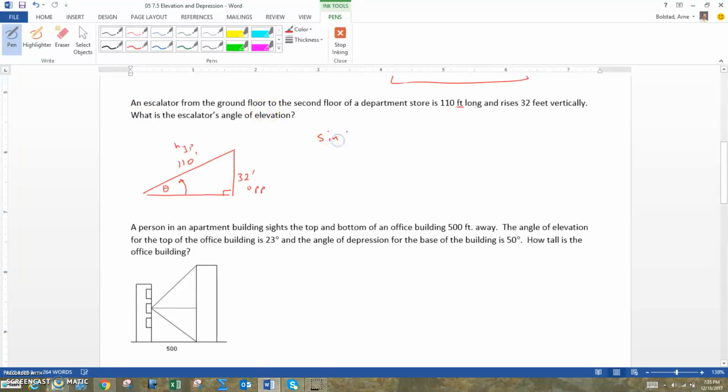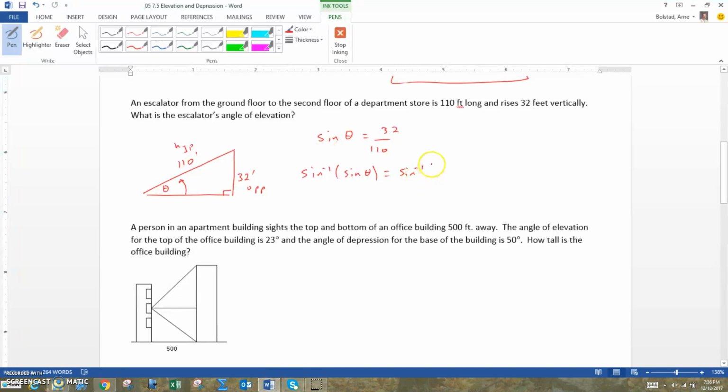So we have sine of theta equals 32 over 110. In order to solve, we're going to have to take the inverse sine to undo what the sine does to theta, and we have to do that to both sides.